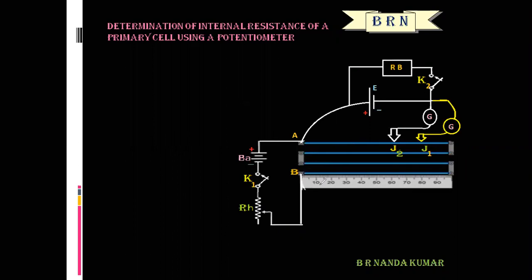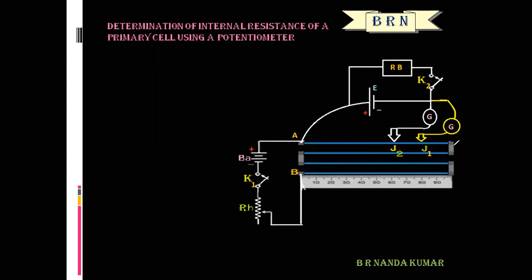Here we are using a 4-meter wire potentiometer. Actually, the 4 meter is cut into 4 equal pieces. Those pieces are arranged in parallel and connected in series by using thick copper metallic strips.